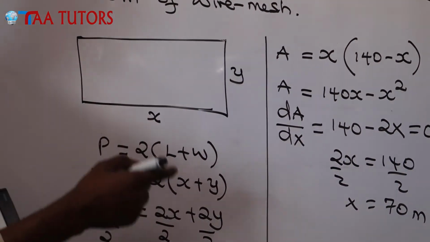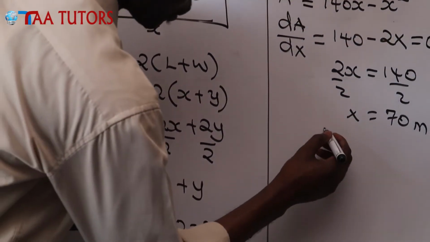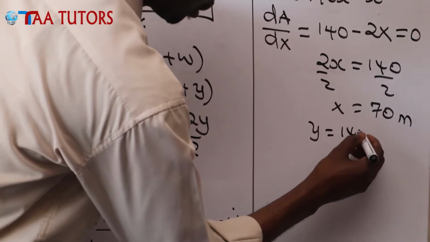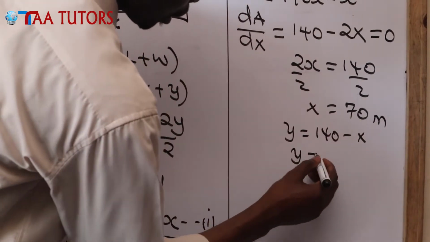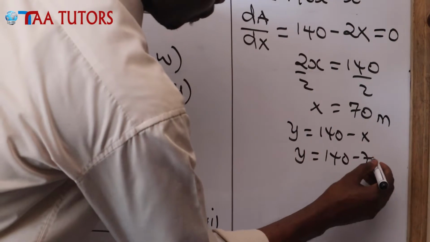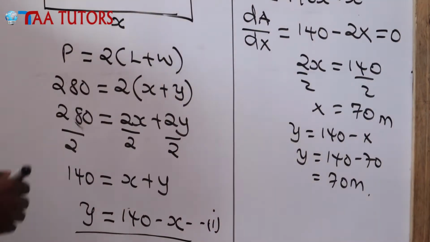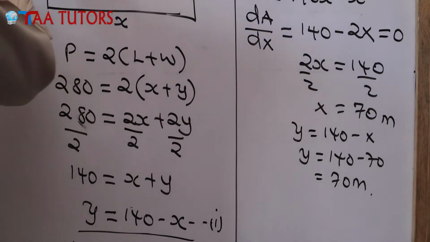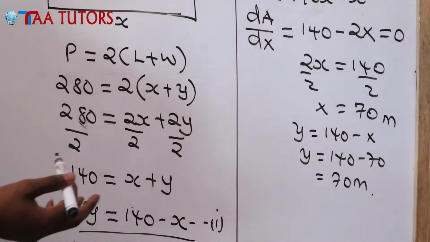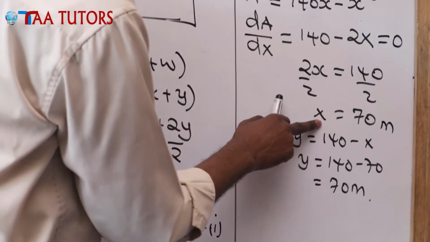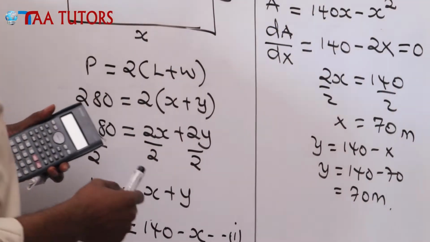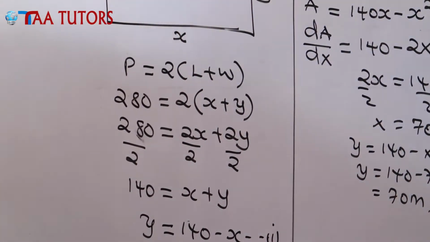For y, we said y is 140 minus x, so y is 140 minus 70, which is also 70 meters. So what we said was a rectangular garden actually is a square garden, because the length is 70 meters and the width is also 70 meters.